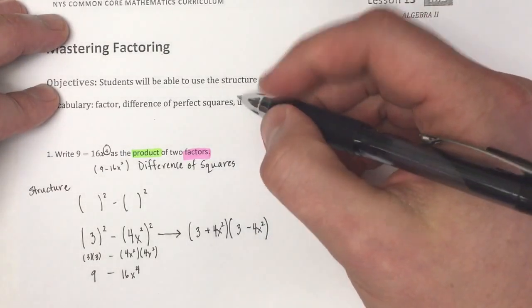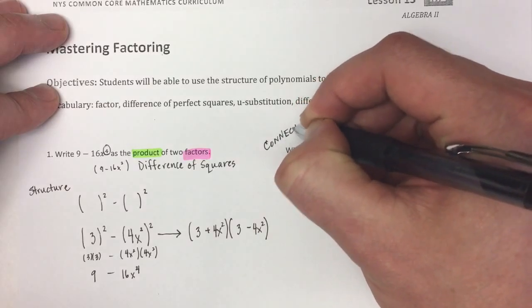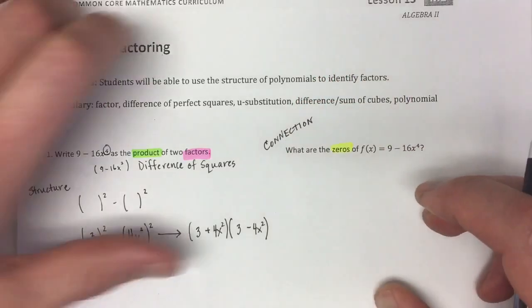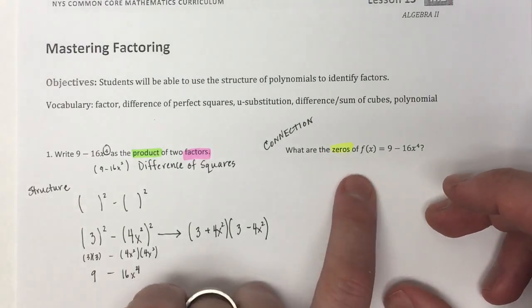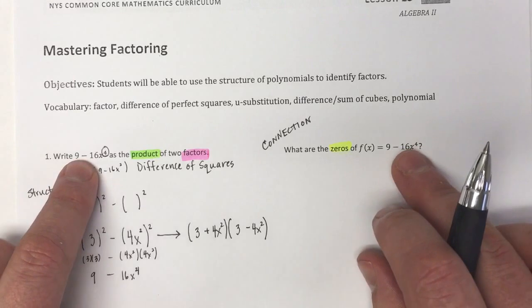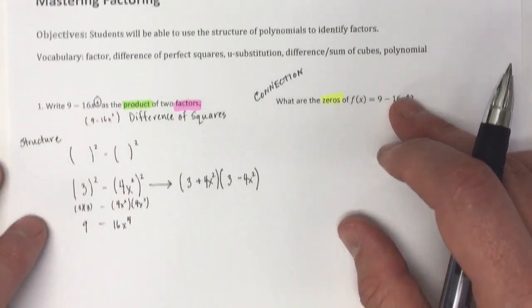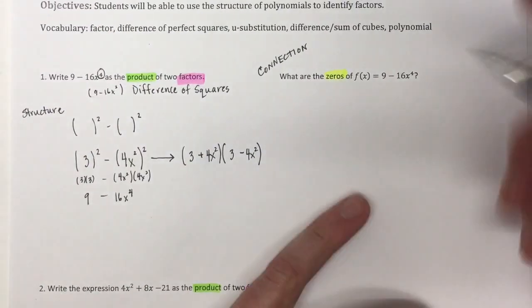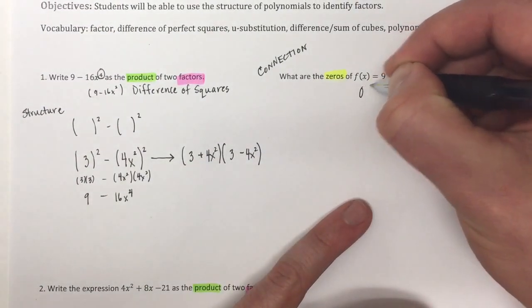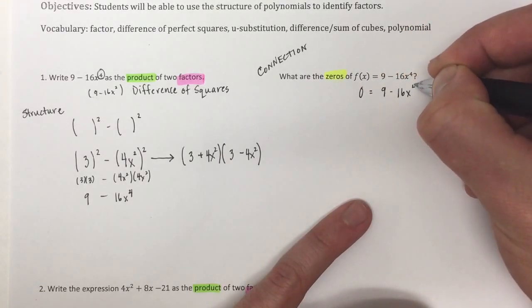Now an extension question or a connecting question that we really need to be able to do is be able to take what are the zeros of a function. So the expression that makes up the equation is identical. And what it means by zeros, we definitely want to make sure we're solid with our vocabulary, but this just means I'm going to replace the f of x or the y with 0, and I have 9 minus 16x to the fourth power.